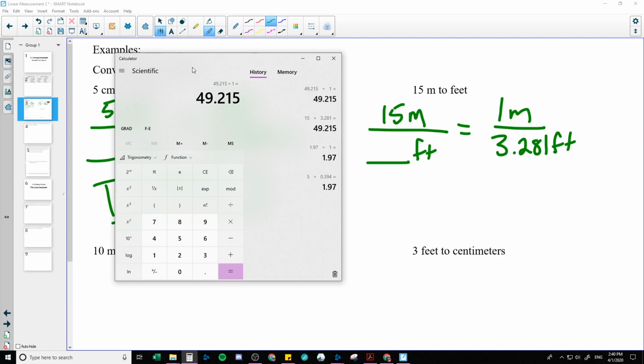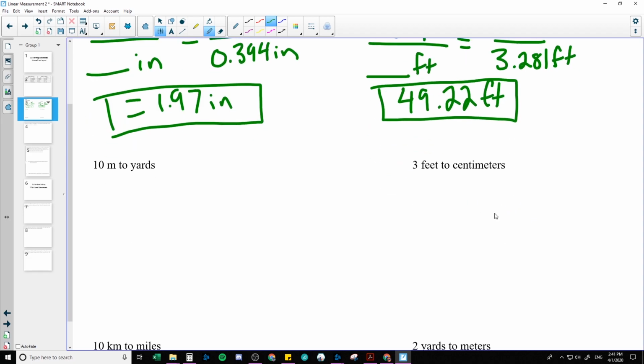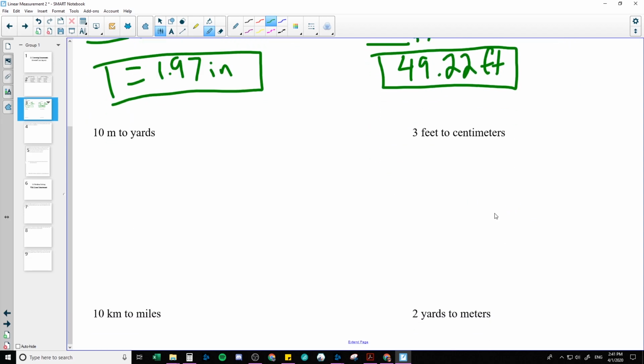We get 49.22 feet. So 15 meters equals 49.22 feet. Okay, just like we were doing yesterday. This is not much different, shouldn't be a huge stretch. Let's take a look at this next one.